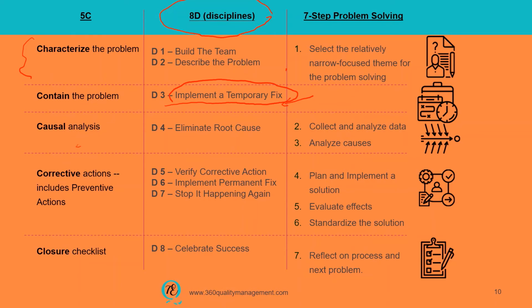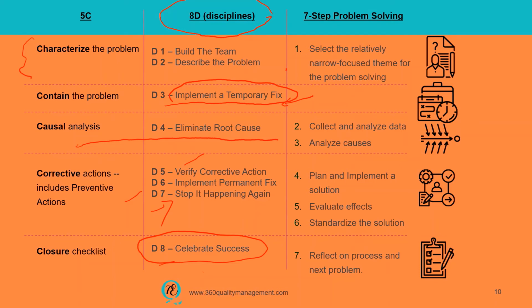Then next, it can occur concurrently to look at the root cause analysis and eliminate the root cause itself, have an action plan to eliminate the root cause, and finally verify the action plan, implement a permanent fix and stop it from happening again. And lastly, congratulate the team on the closure itself.